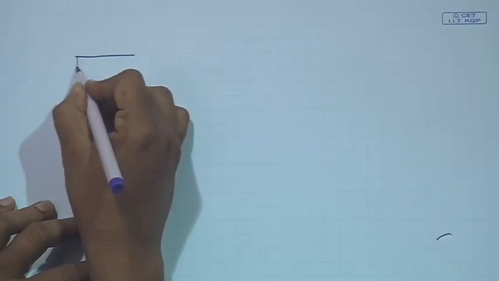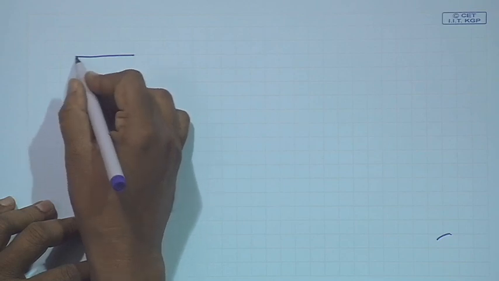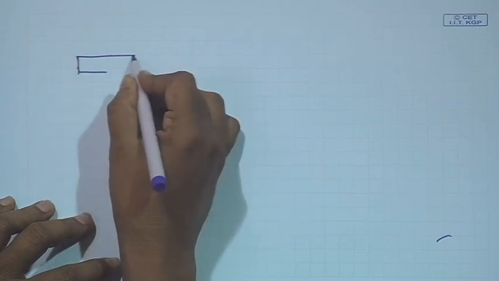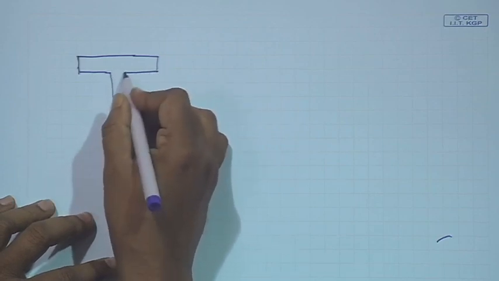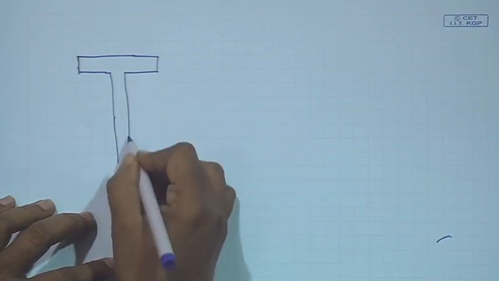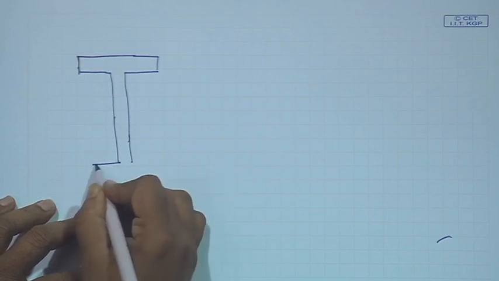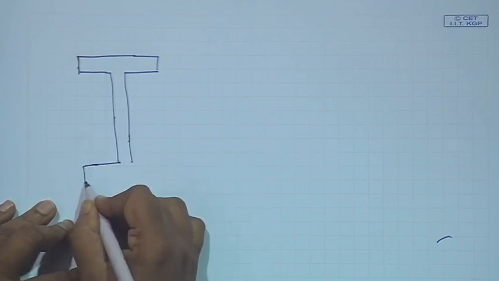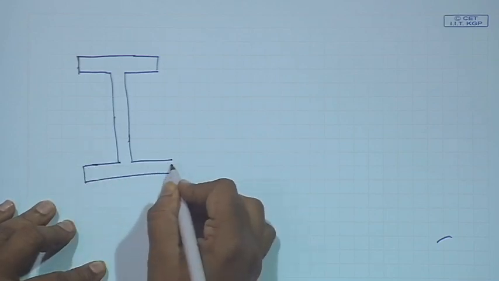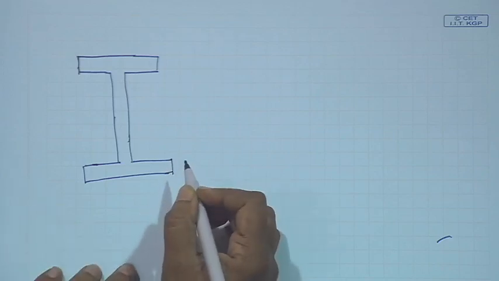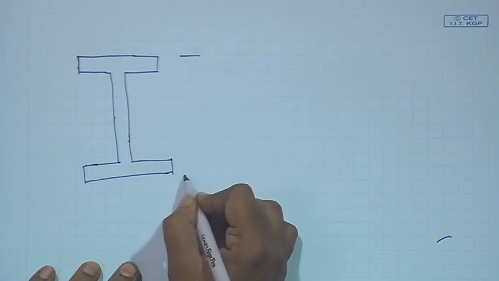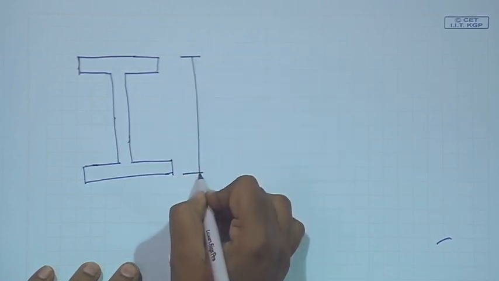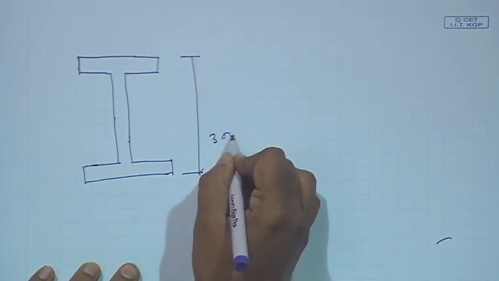Say this is an I section whose dimensions are given. For ISLB 300 we know that the overall depth is 300.